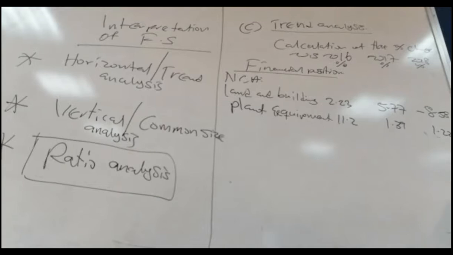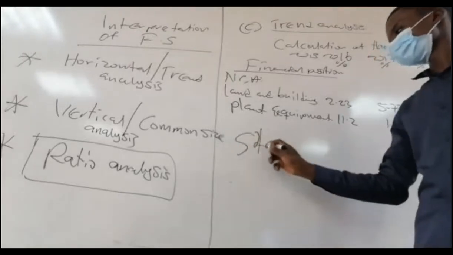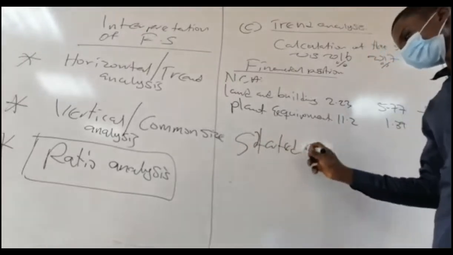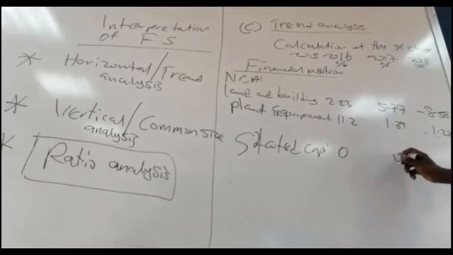So here, if you see the same thing consistently, then it will be zero. There has not been any change. So stated capital will be zero, zero, zero for the 3 years.